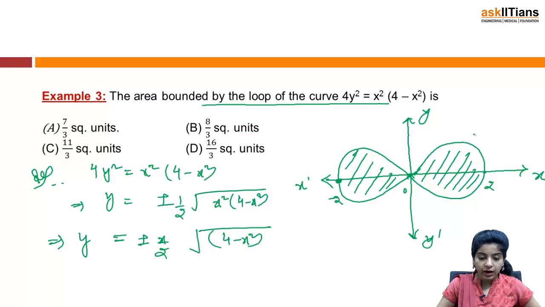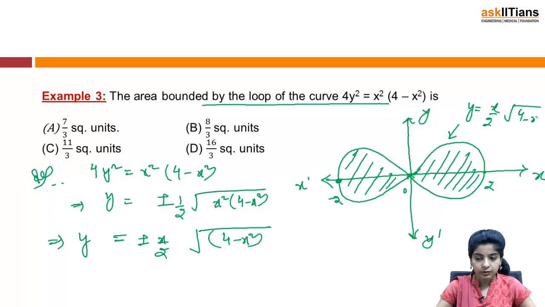So this is a graph, and in this case this would be y equal to x by 2 under root 4 minus x square, and this is y equal to minus x by 2 under root 4 minus x square.